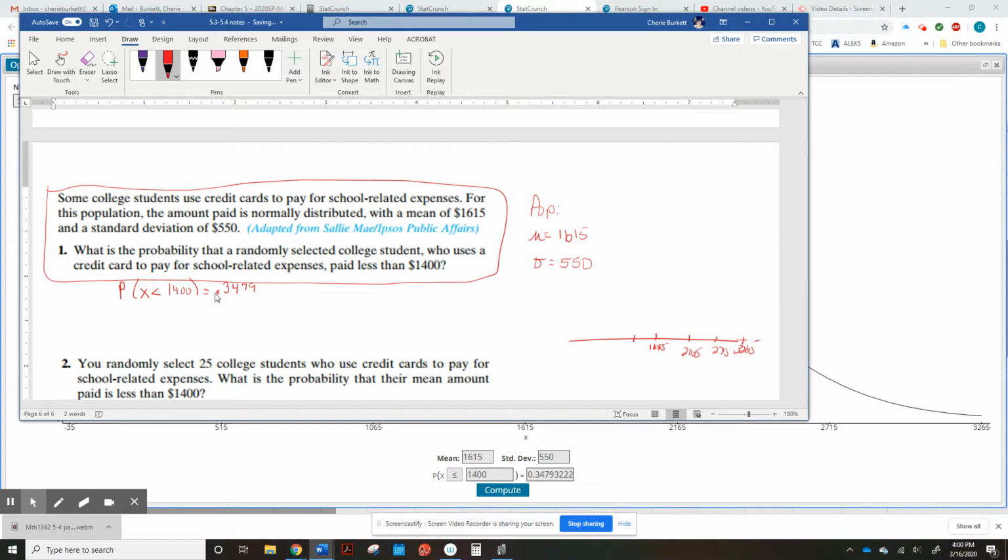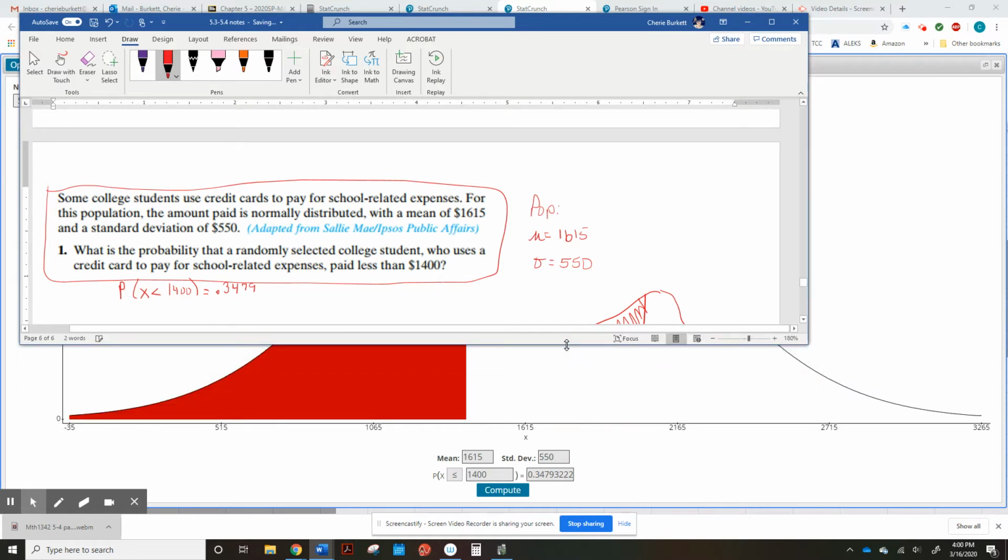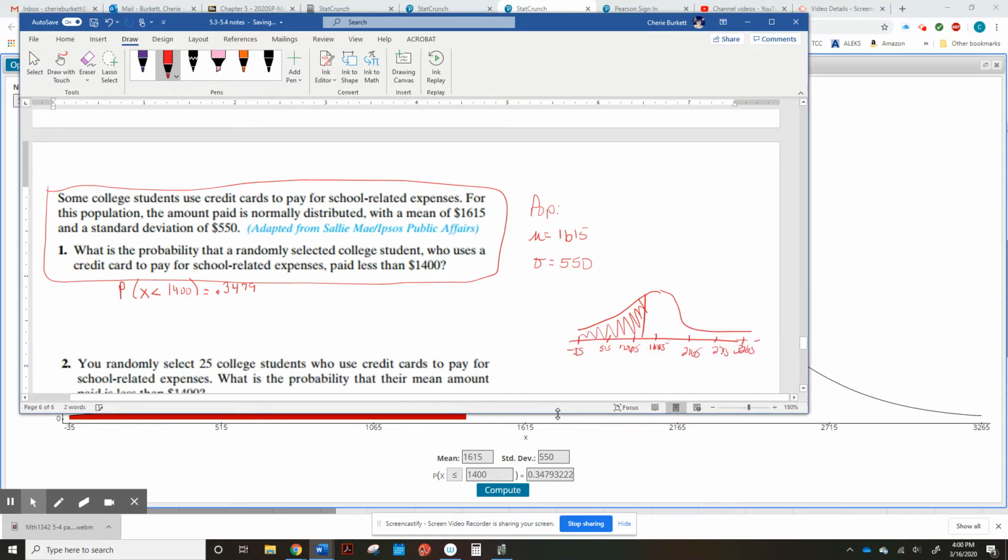Do the same this way, 1065. You get the picture. 515, and this is negative 35. Draw the picture, and 1,400 was somewhere here, and it was less than, so it was shaded this way. How did I do? So there you have it. This is what I would expect to see, this right here.